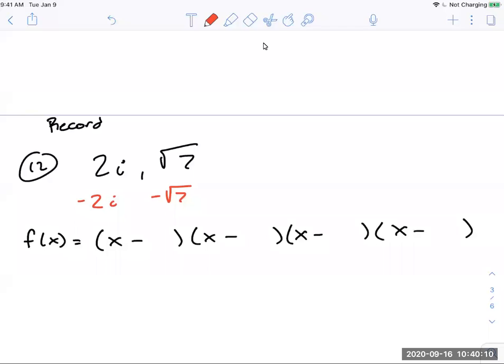I'm going to plug one of them into each spot: 2i, negative 2i, radical 7, negative radical 7. I'm going to just clean this up for myself.